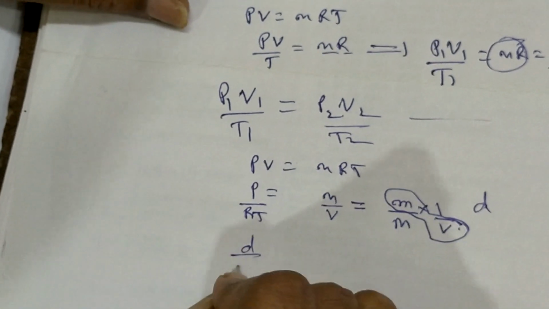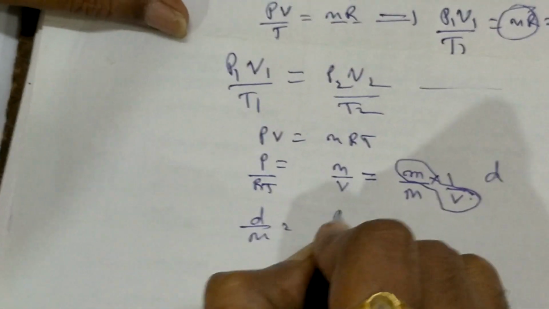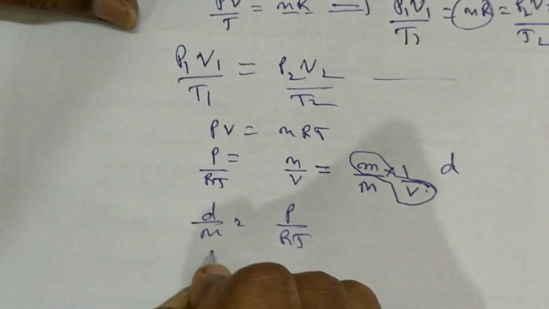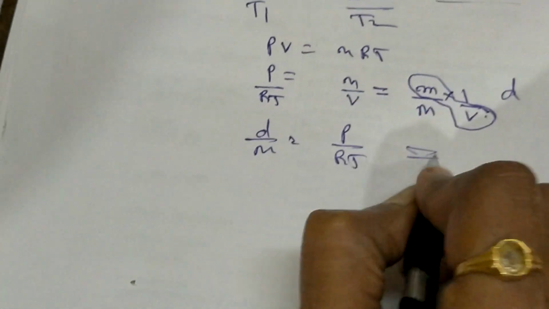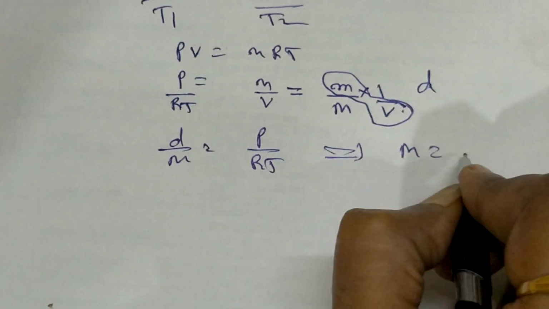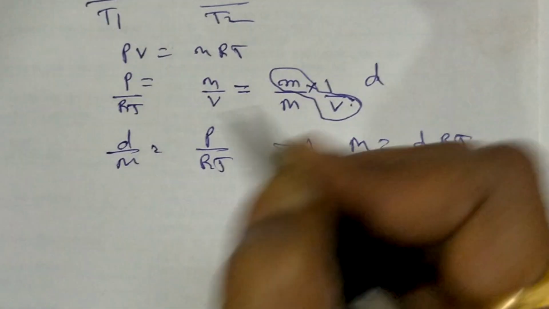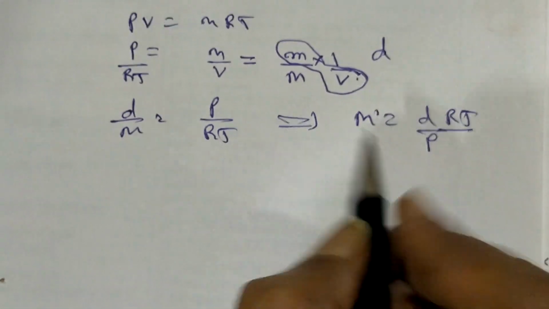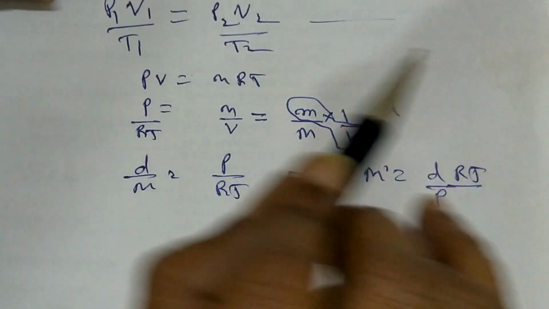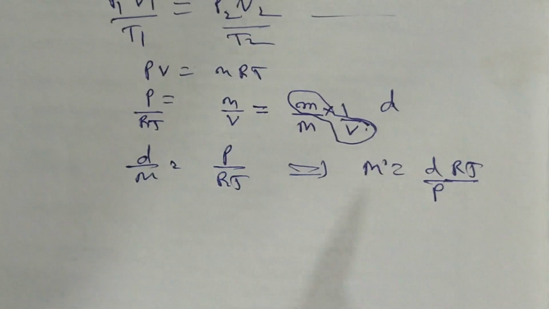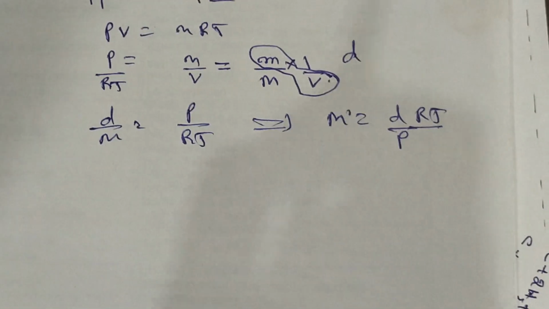That means d by M equal to P by RT. So M equal to dRT by P. This is one way of expression. Molar mass can also be found from the same equation. We are only converting from one form to another.